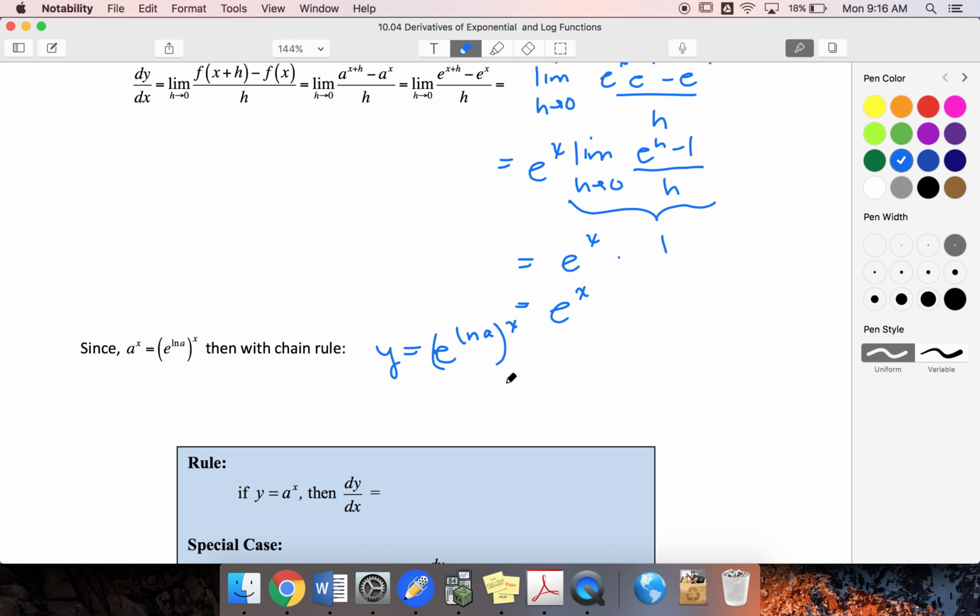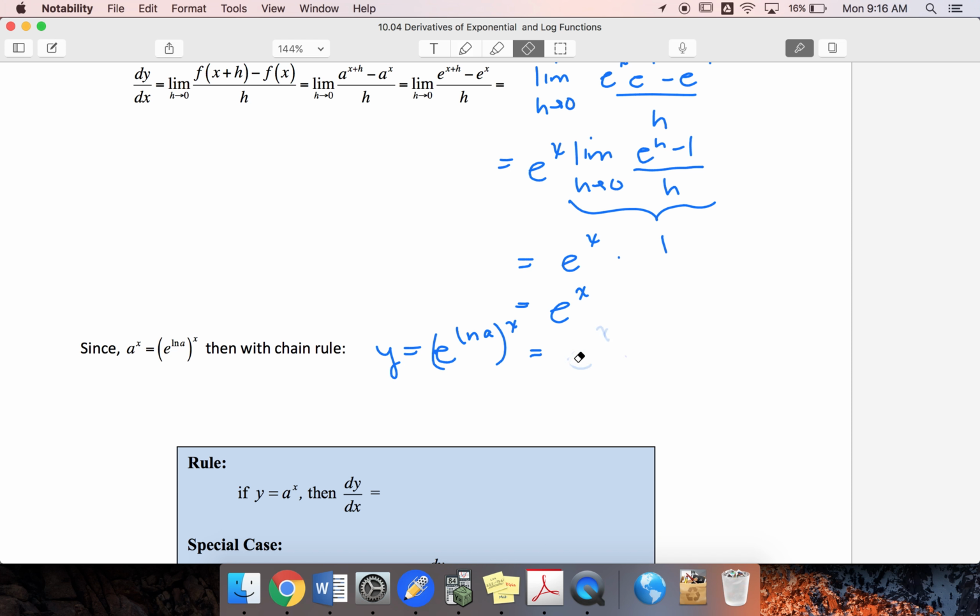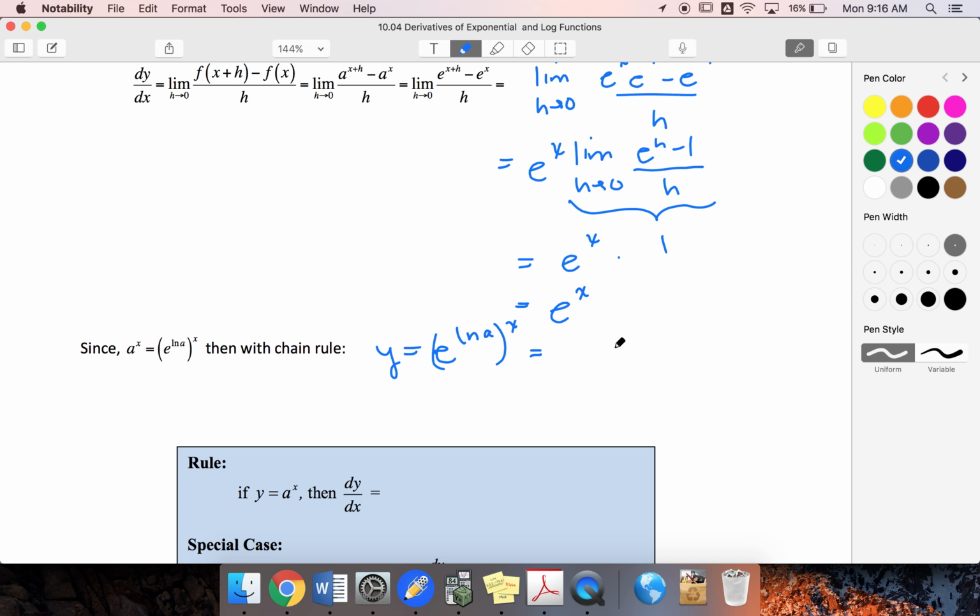So with chain rule, I can think of this as derivative of the outside, so derivative of e to the x is e to the x. Sorry, that's the outside. We've got something to the x, times the derivative of the inside. Well, the inside, let me start by rewriting this as e to the x ln a.